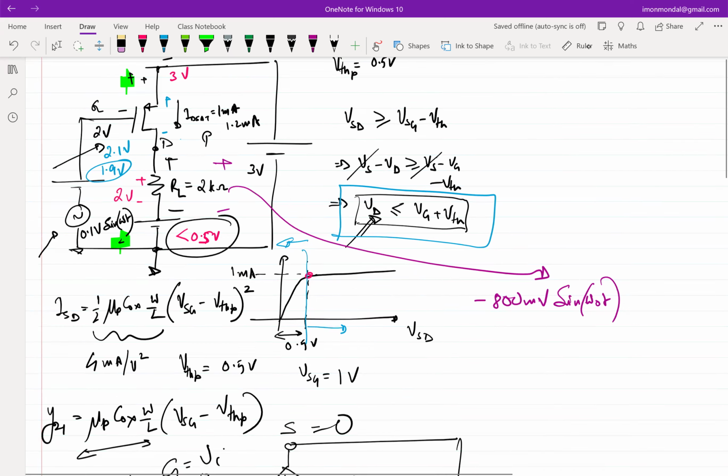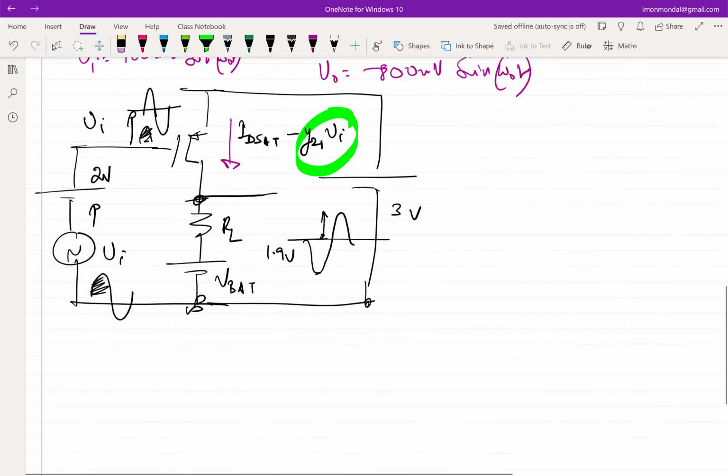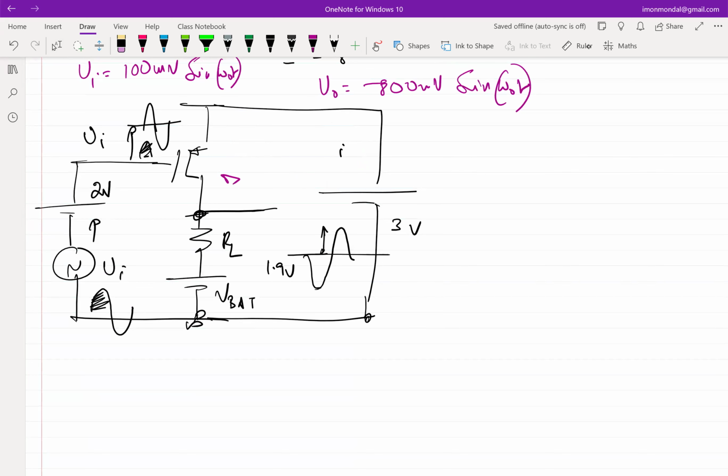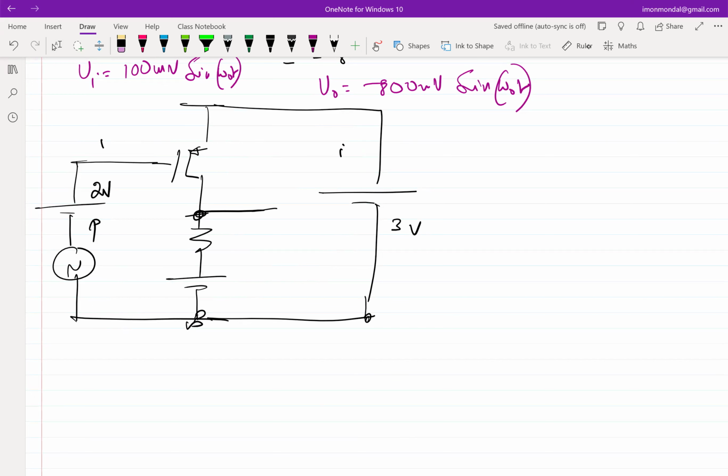So let's get to a cleaner picture. This VBAT was 0.5 volt. This RL is 2K. This voltage is 2.5 volt, 3 volt, 1 milliamp quiescent.